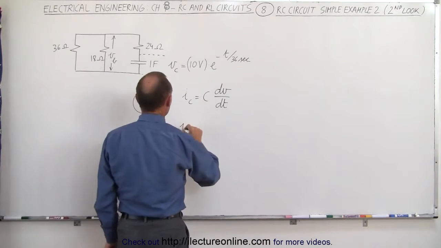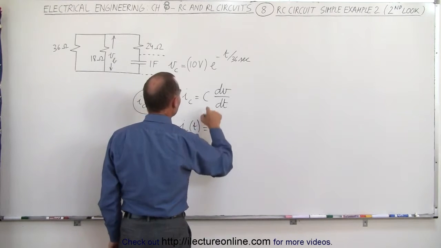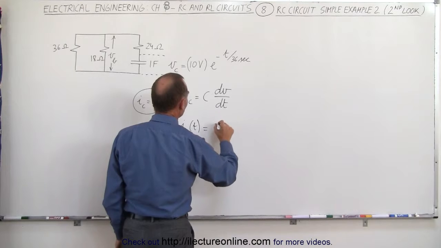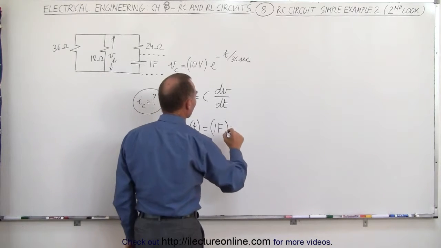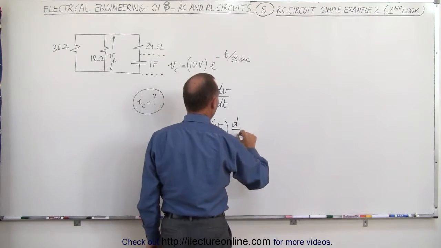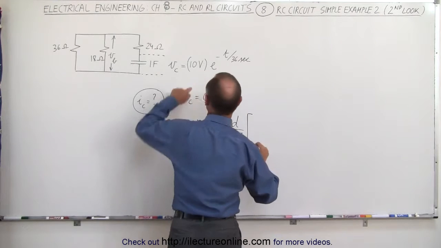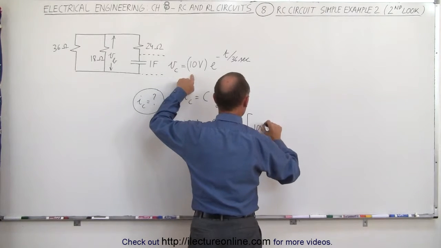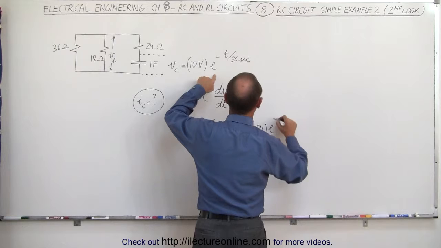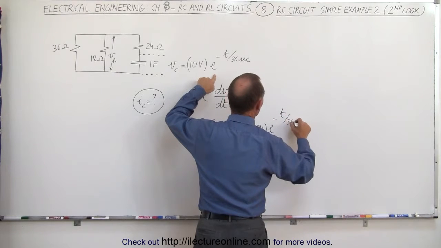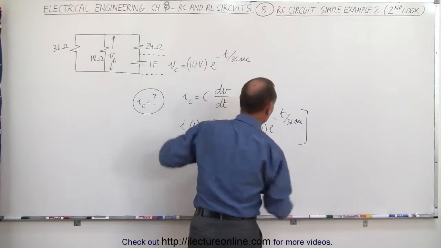So the current through the capacitor, which is a function of time, is equal to the capacitance, which is 1 farad, times the derivative with respect to time of the voltage, and the voltage is 10 volts times e to the minus t over 36 seconds.